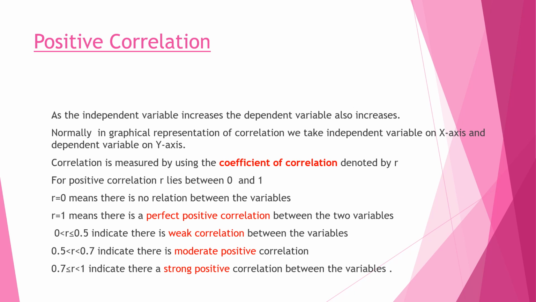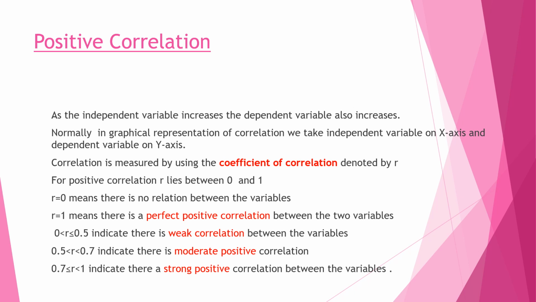Now let us see how we are measuring correlation. We use the coefficient of correlation to measure correlation. It is denoted by small r and we call it the coefficient of correlation. Let's see the different possibilities.